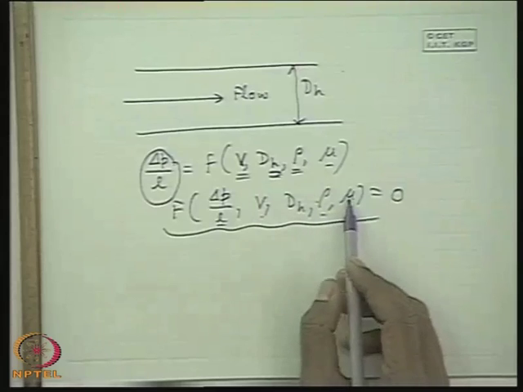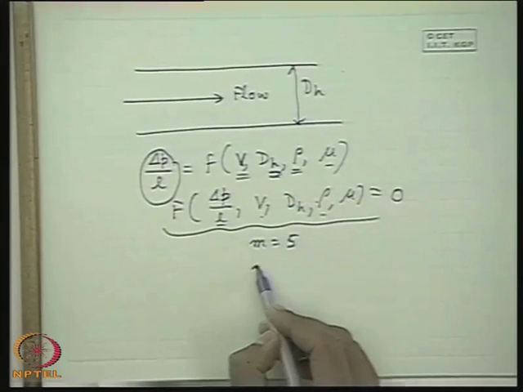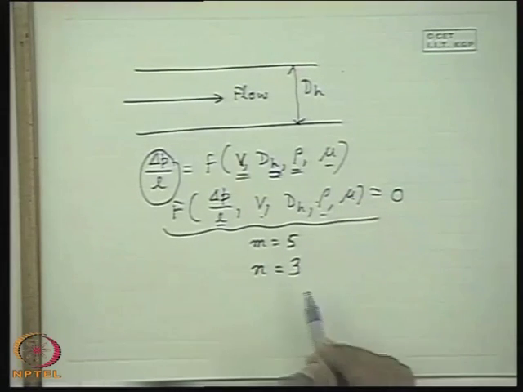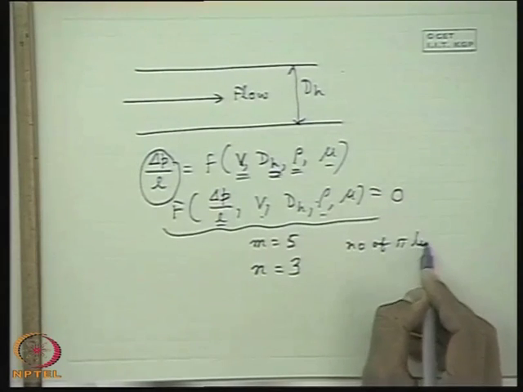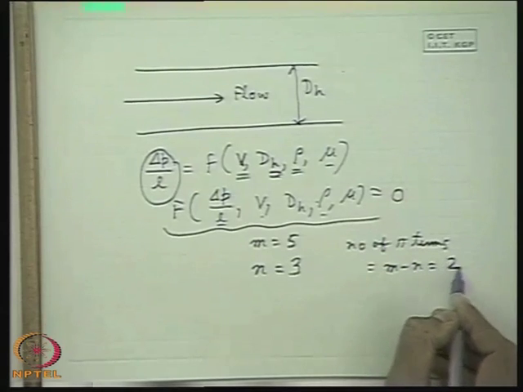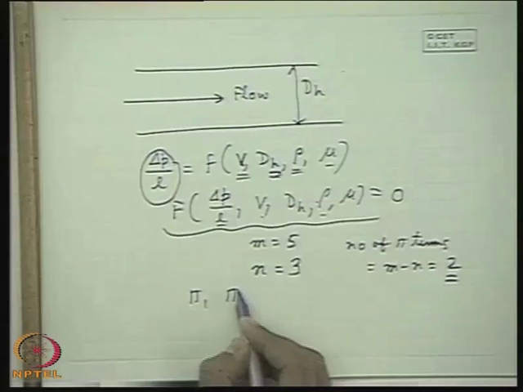So according to Buckingham's Pi-Theorem, the number of variables m is 5, and the number of fundamental dimensions in which these variables can be expressed is 3, that is M, L, T. Then the number of pi terms is m minus n, that is 5 minus 3, which is 2. So 2 pi terms will be there, pi 1 and pi 2.